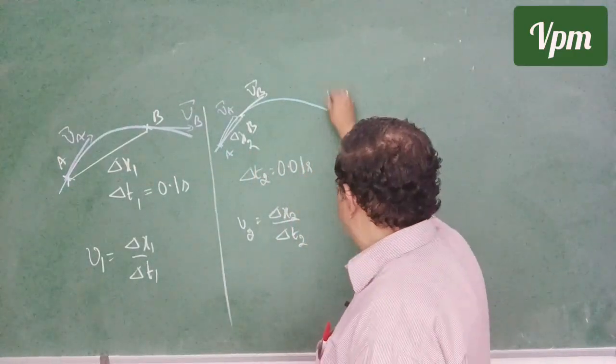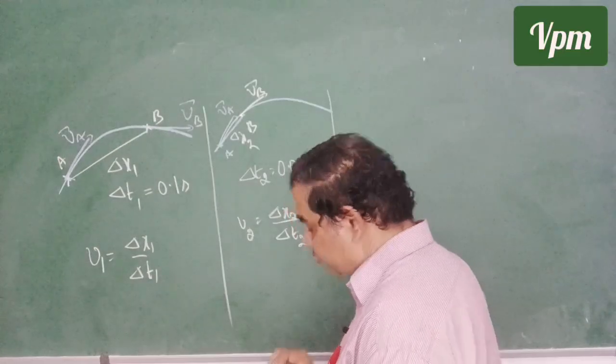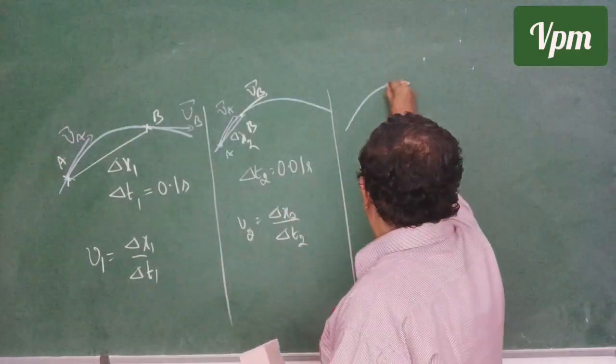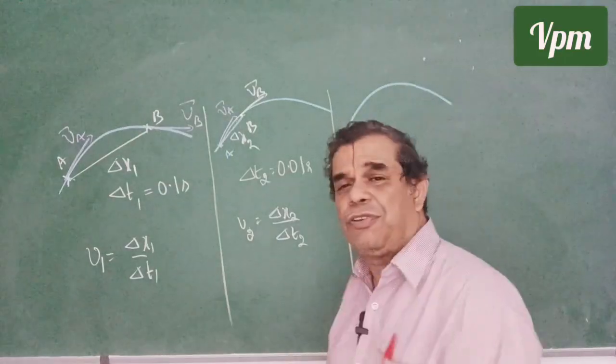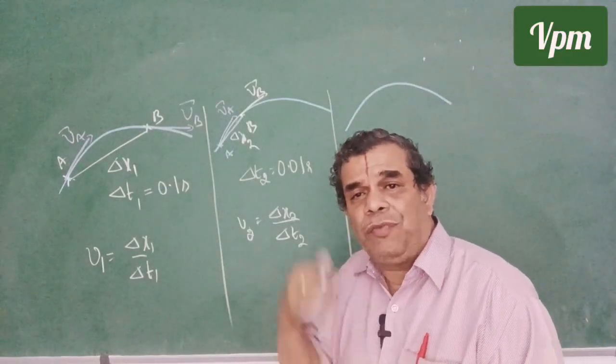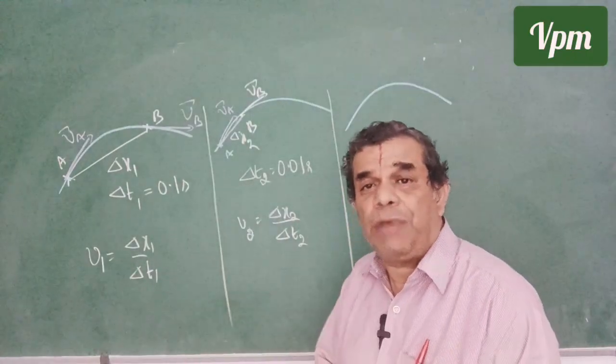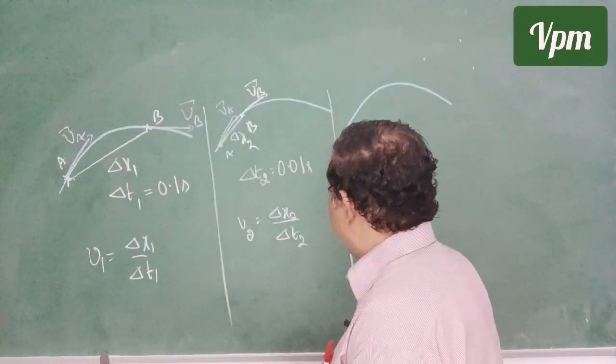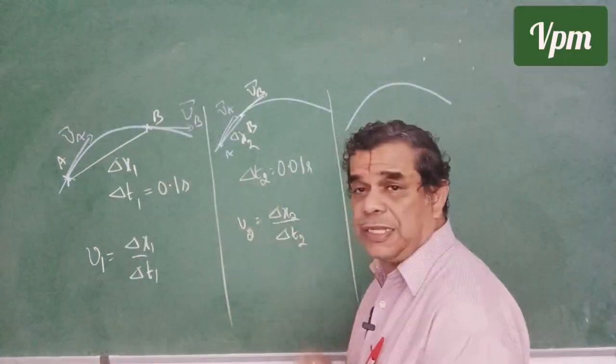Now, observe carefully. In the next situation, I write the same path, but now we further reduce the A to B time gap. That means, as soon as we see A, we look at the next position very quickly. B means the next position in all these things.